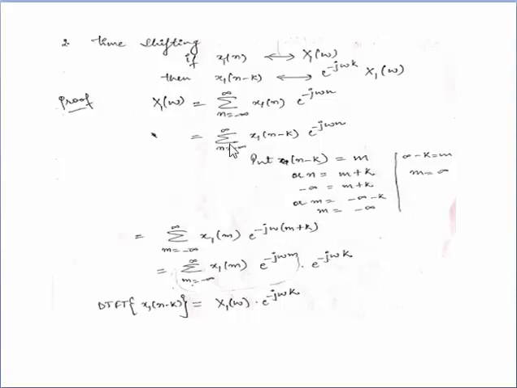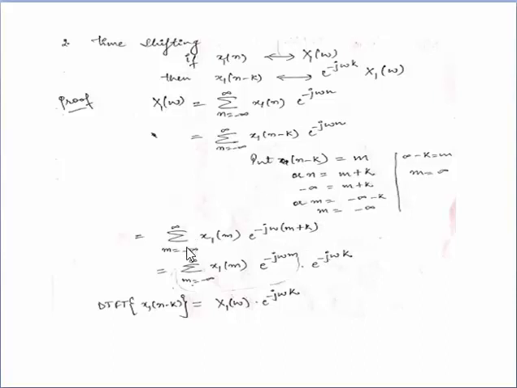So it becomes summation n tends to minus infinity to infinity x1(n minus k) e raised to power minus jωn. Now put n minus k is equal to another variable, that is m, or n is equal to m plus k. So we also have to find the limits in terms of m, that is minus infinity to infinity.